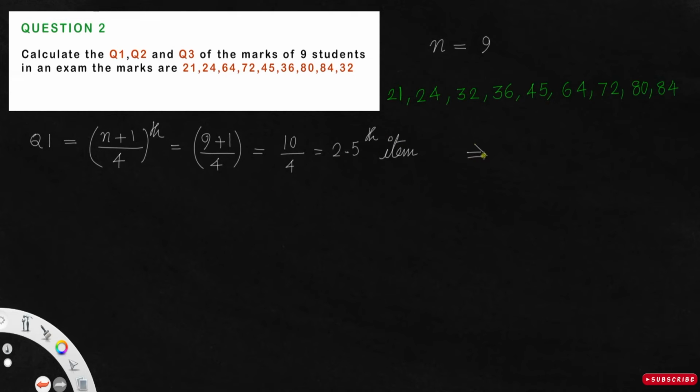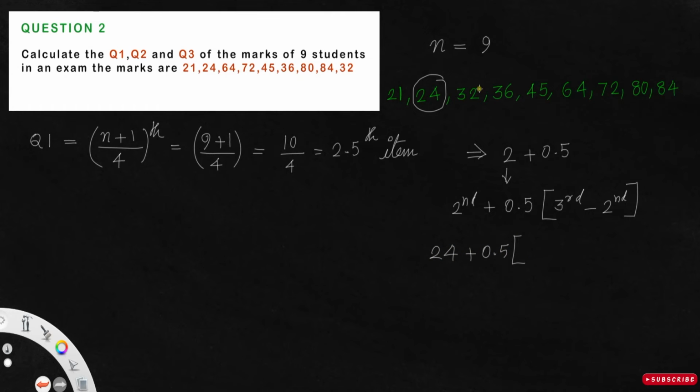So I can write 2.5 as 2 plus 0.5. That means the second item plus 0.5 times third minus second. Okay, like I did before. So what's the second one? 24. So 24 plus 0.5 times, the third one is 32.